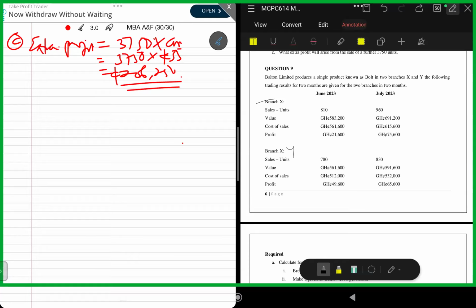Belton Limited produces a single product known as Bolts in 2 branches X and Y. The following trading results for 2 months. Hold on. It should be X and Y, but it wrote X and X. Are you good? Okay. So it should be Y down there. Okay, continue.